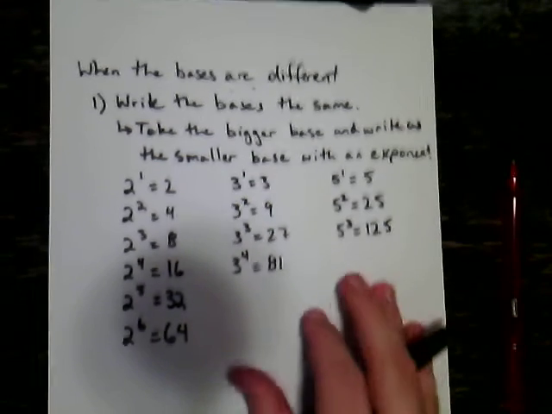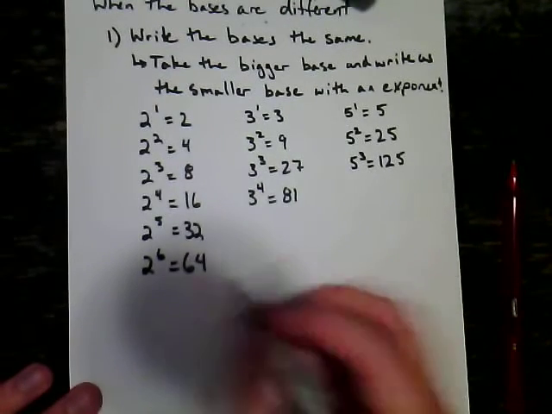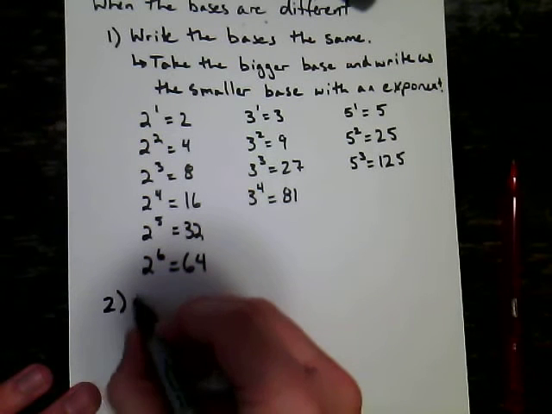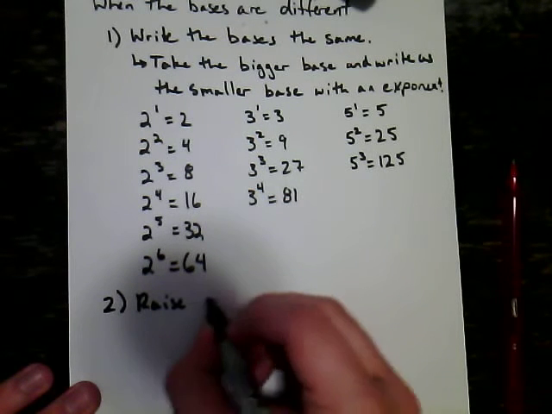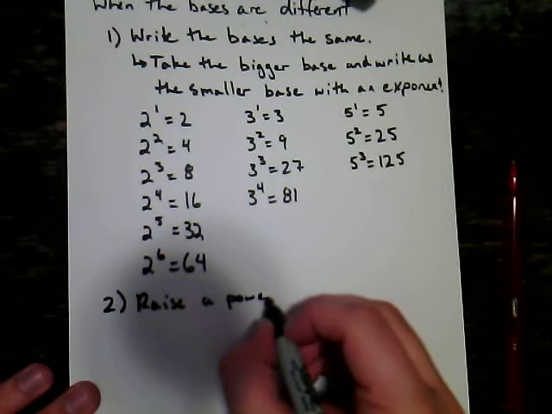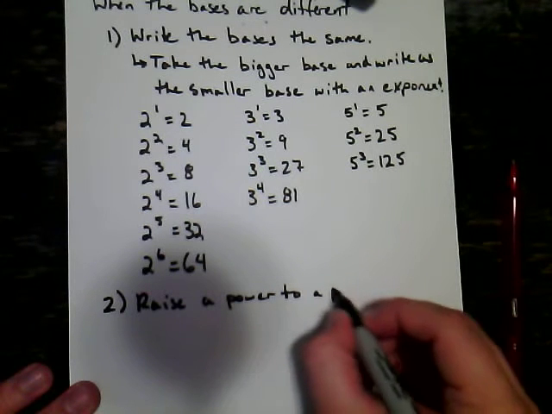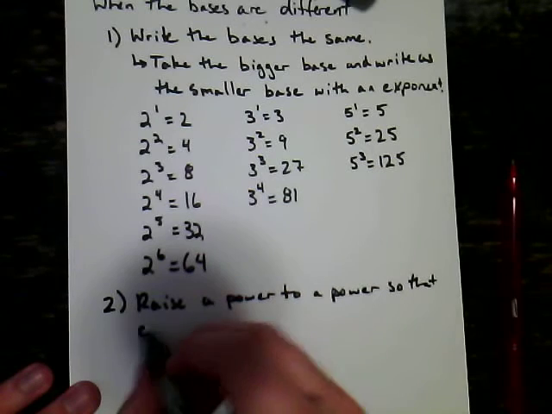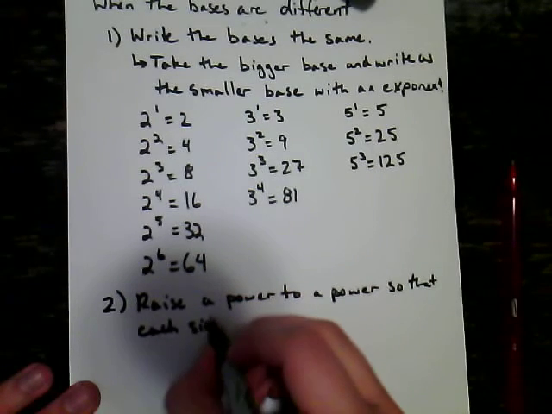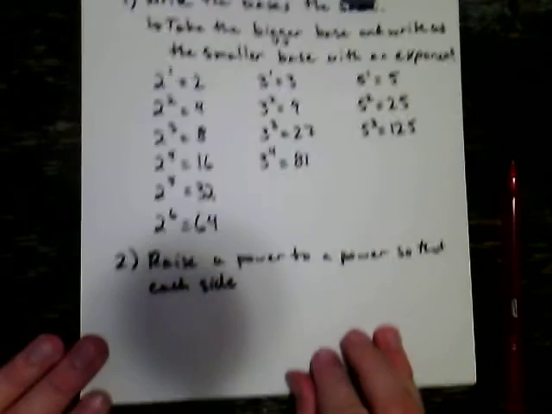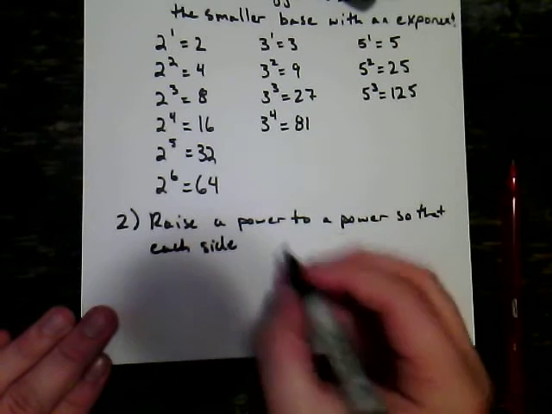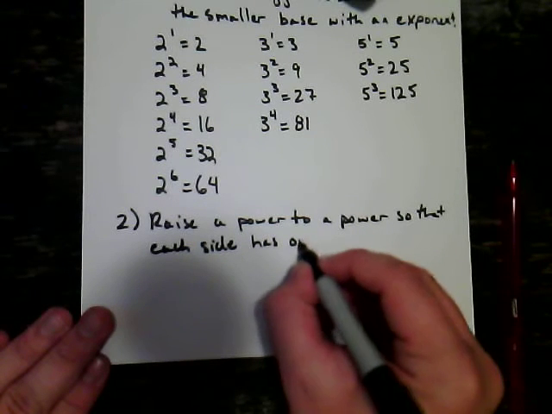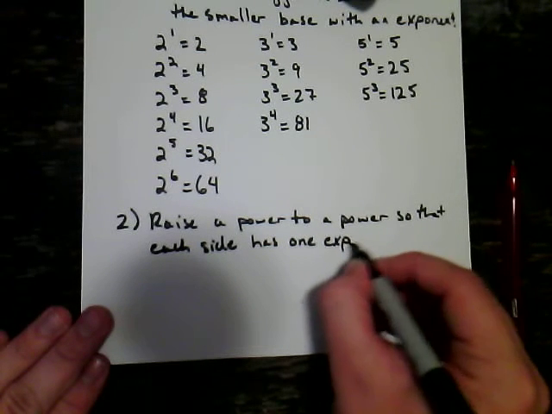All right, so we'll go ahead and finish up our steps here. So once we've got the bases the same, we want to raise a power to a power so that each side has one exponent.